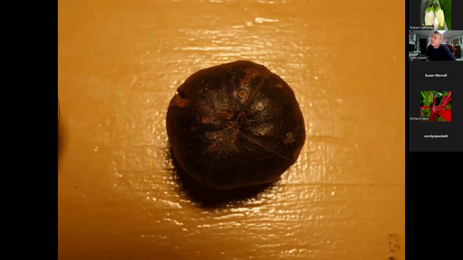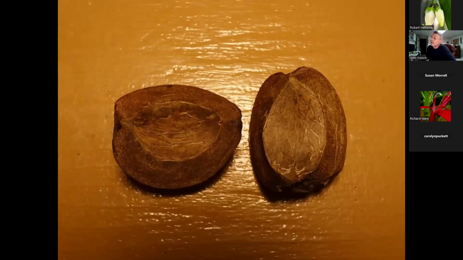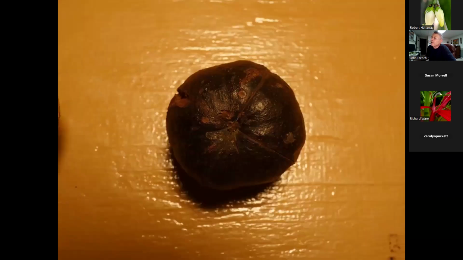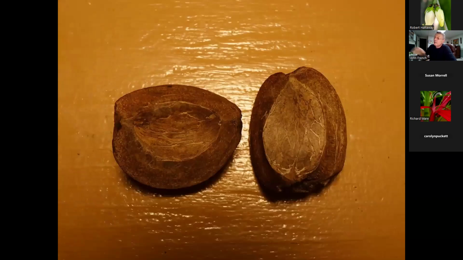We saw the husk, and then the next picture, there's the fruit. This species, the one you just showed, is dehiscent. Carya tomentosa is, or if it's Carya ovata, either one, they're both dehiscent.